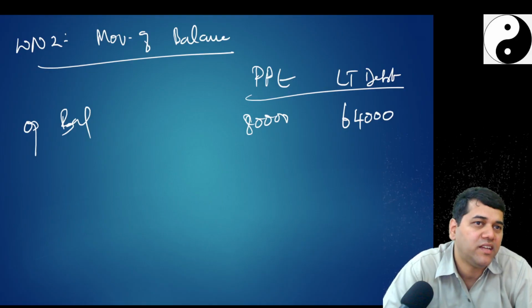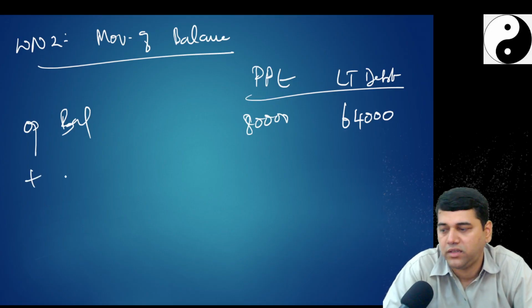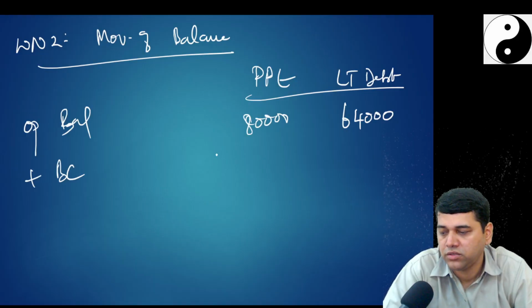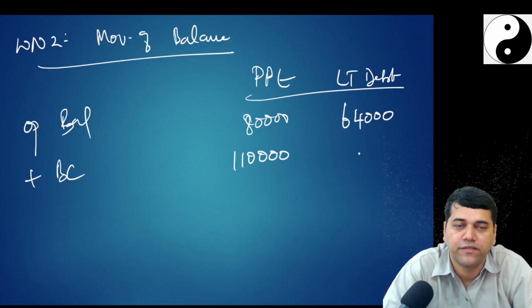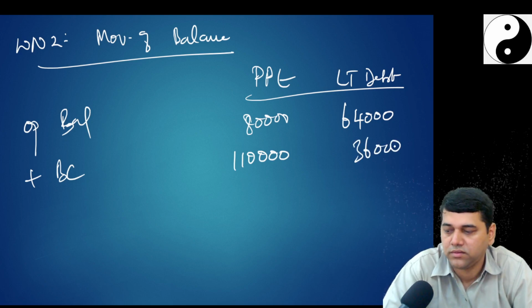Did you get any values on the date of acquisition? Yes. On account of business combination, you got 1,10,000. Look into that statement, what they have given you. 36.